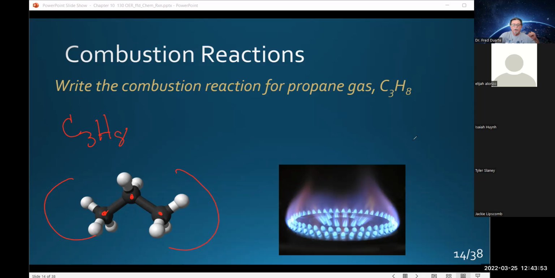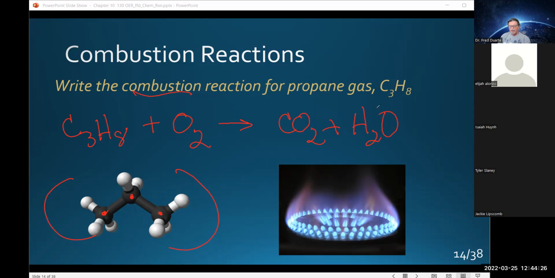All right, so we write the formula C3H8, and we know it's a combustion, right? Combustion means that I need oxygen. Okay, no oxygen, no burning, plain and simple. And recall, we are dealing with a hydrocarbon. It's a molecule made up of nothing but carbon and hydrogen. And so the only 2 products we generate are carbon dioxide plus water.